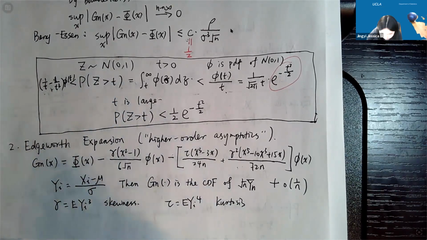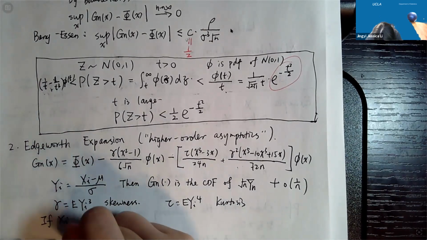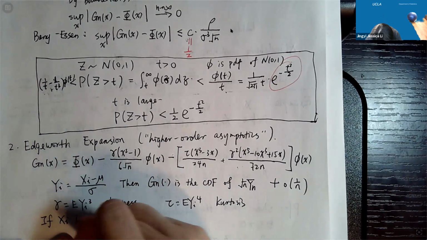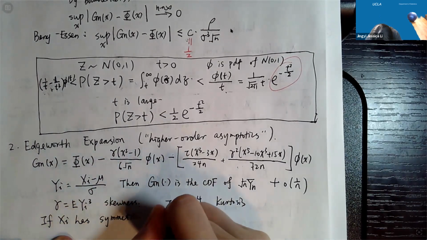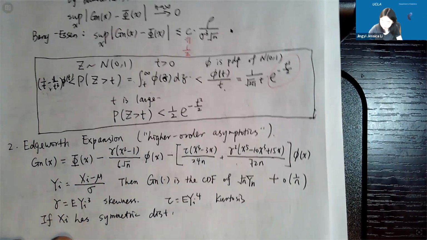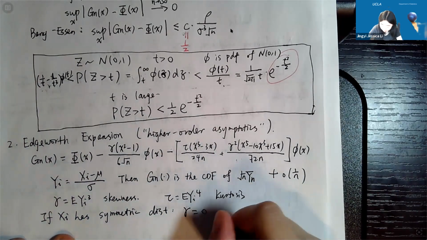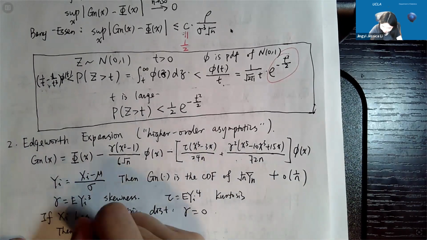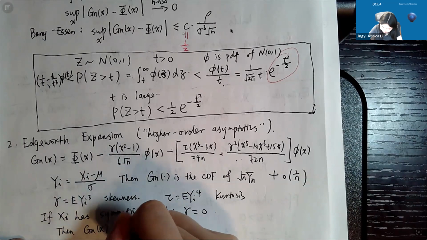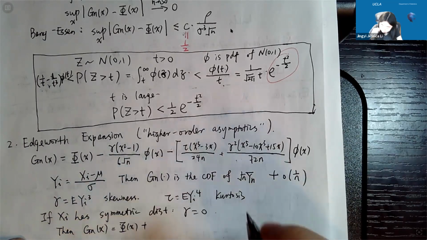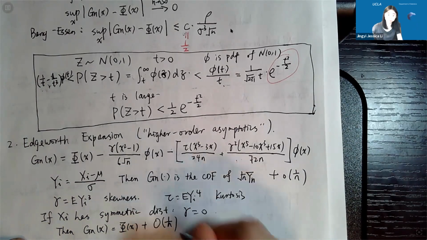So the message is that if X_i has a symmetric distribution, then gamma is 0, and then we have G_n(x) equals phi(x) plus a big O of 1 over n term.